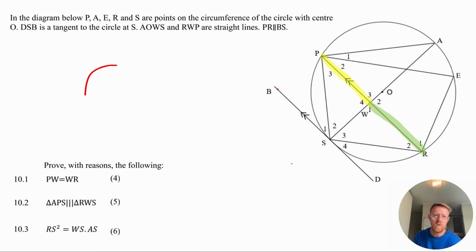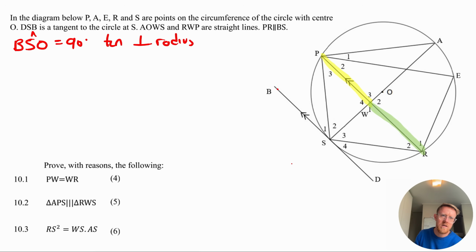If you have a circle and you have a radius and you have a tangent, then that angle is always 90 degrees. So we can then say that this angle here, which I'll call BSO, is going to be 90 degrees because we have a tangent that is perpendicular to a radius. Okay, so this is 90.